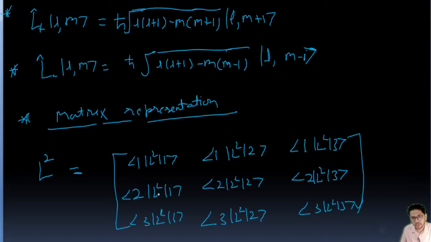Okay, so now, since for L equal to 1, the values of m_l are going to be 1, 0 and minus 1, right? So here we have represented states 1, 2, 3. I'll tell you what is 1, what is 2, what is 3.